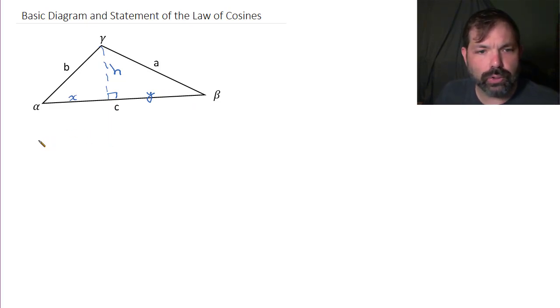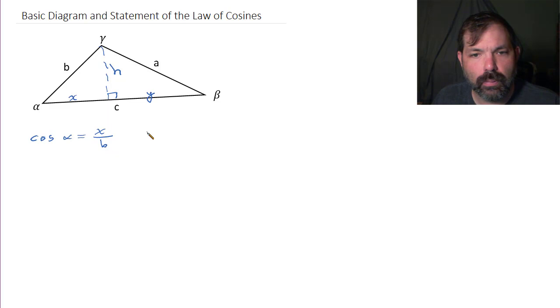From right triangle trigonometry, let's build a cosine into this somehow. I know that the cosine of alpha is equal to x over b. I'll also notice that if this piece measures x and the entire leg of the triangle measures c, then y is equal to c minus x.